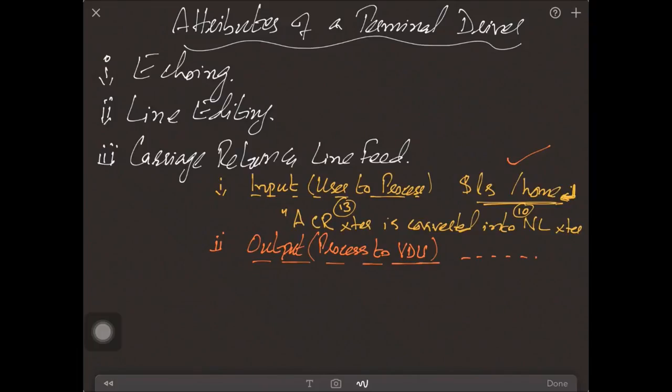The new line character is converted to a carriage return plus new line character.